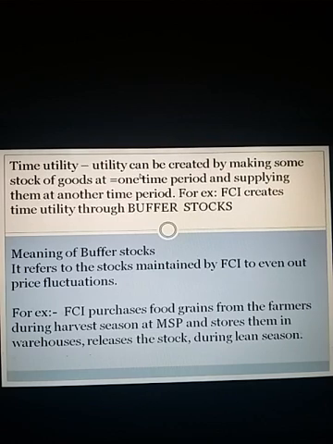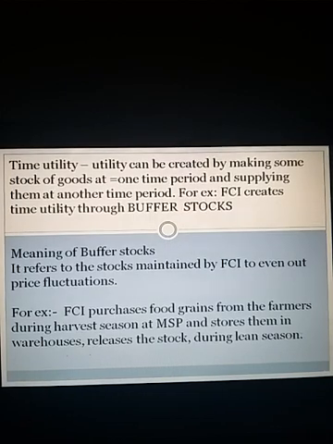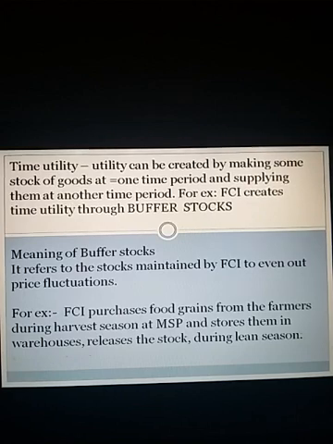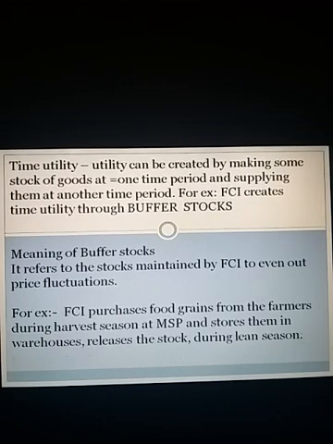All of us know from our day-to-day experiences, with some food grains or vegetable items or some products, sometimes suddenly the prices decrease, sometimes they increase depending upon demand and supply. Suppose the prices are too high, we the consumers are at a loss. If the prices are too low, then the producers incur loss.